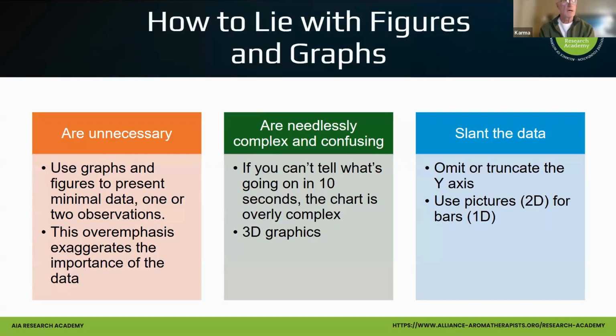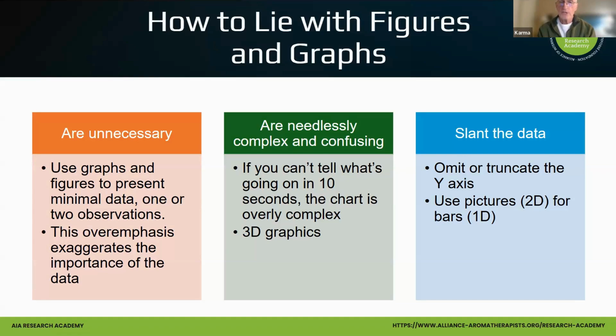If 10% of a group can swim, just say that. You don't have to have a graph to do it. What happens if you only present limited data? It overemphasizes the importance of those data, and we'll see some examples of that.